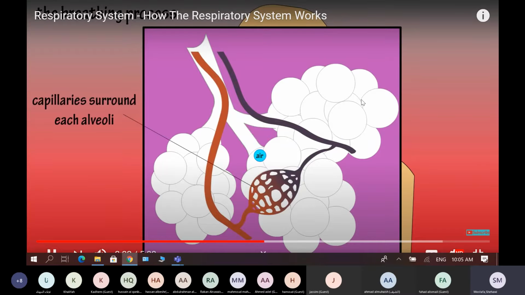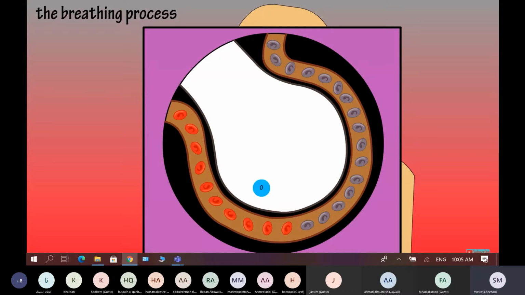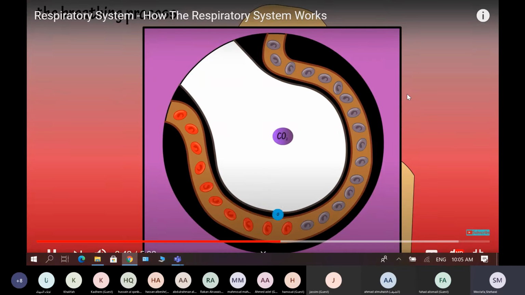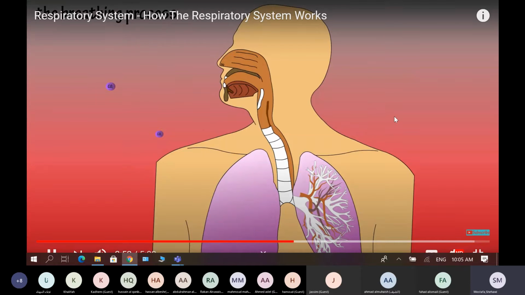And this, folks, is where the magic happens. Oxygen enters the alveolar sac, and the gas exchange occurs. Capillaries give up their waste carbon dioxide and pick up oxygen. Carbon dioxide is then exhaled through the air passage the oxygen was inhaled through, and the oxygen picked up by the blood returns to the heart.